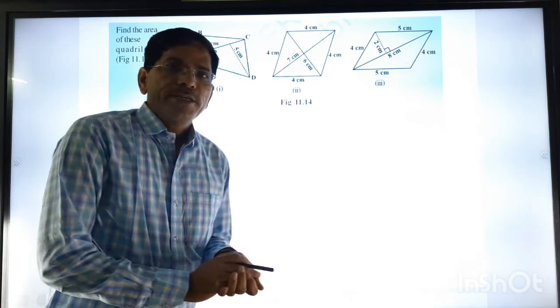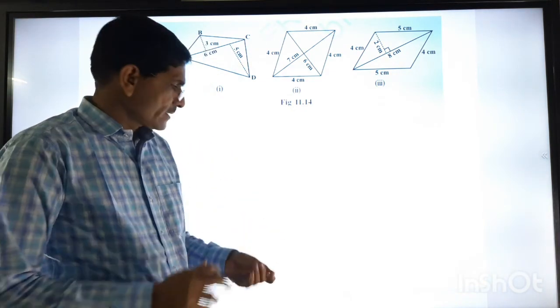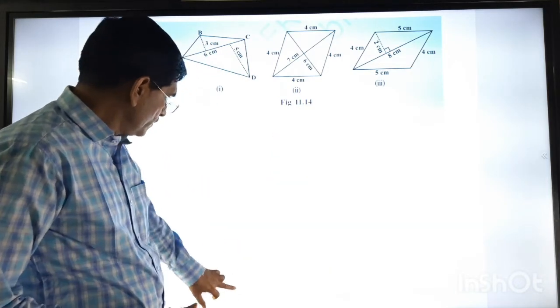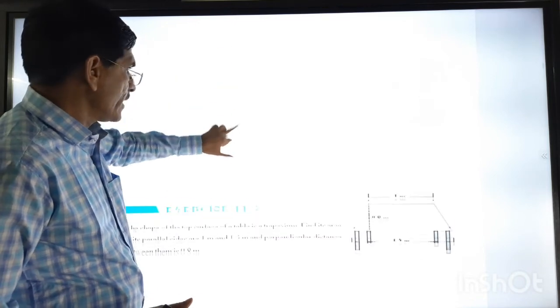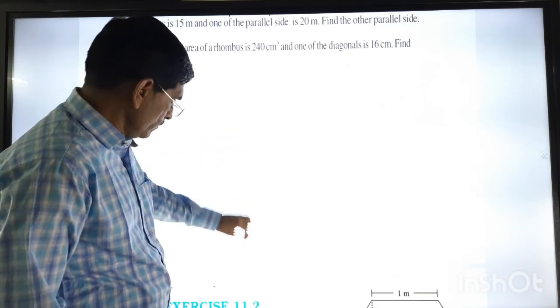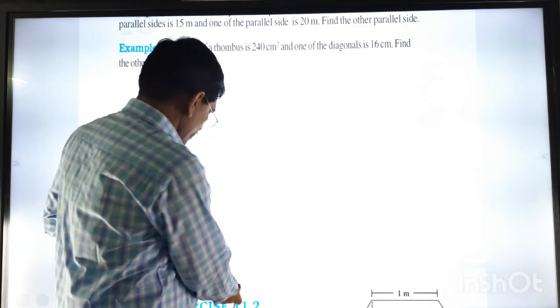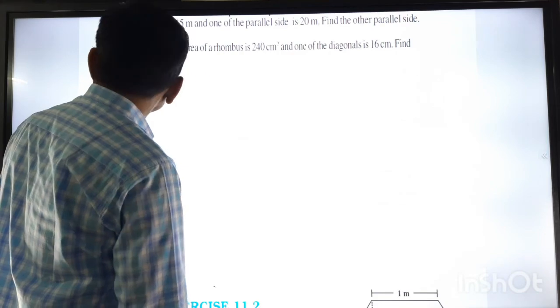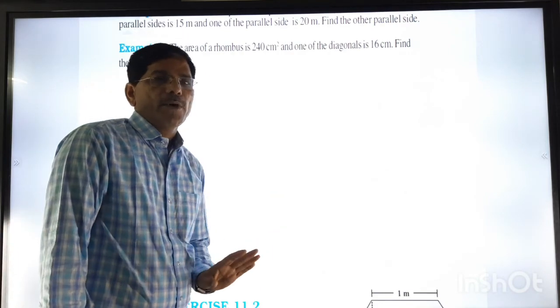So first write yourself the exercise. Which exercise do we have to start now? The next exercise we have to start is 11.2. In the next lecture we will discuss exercise 11.2.